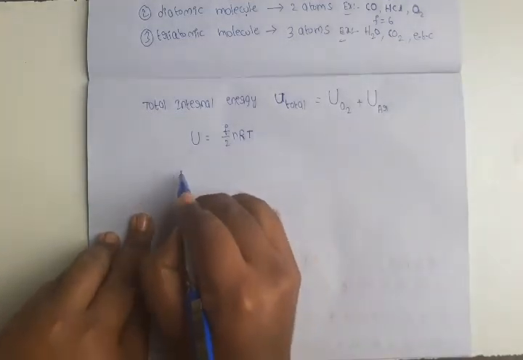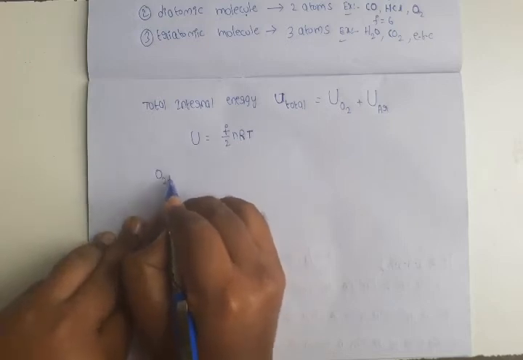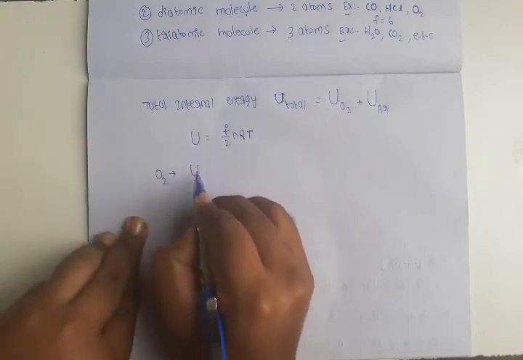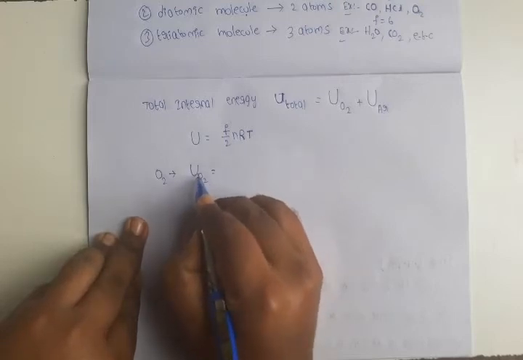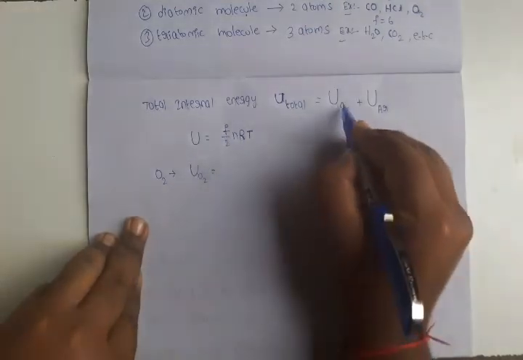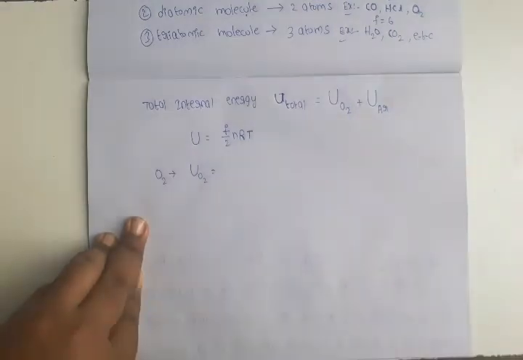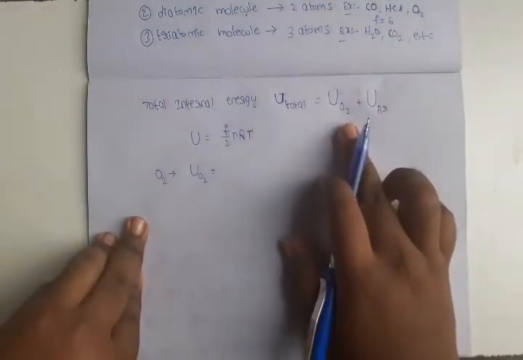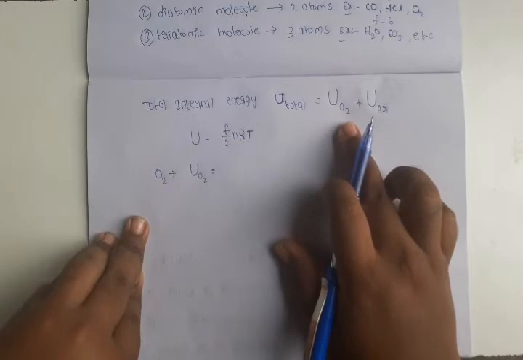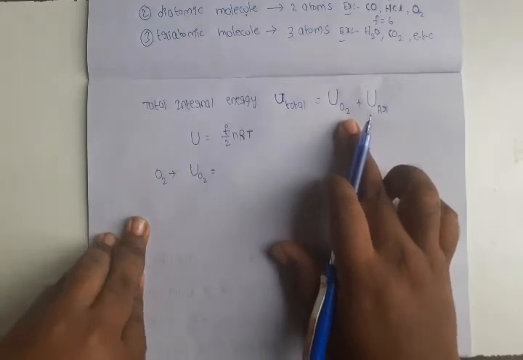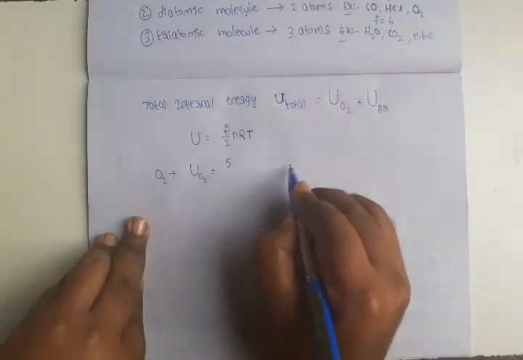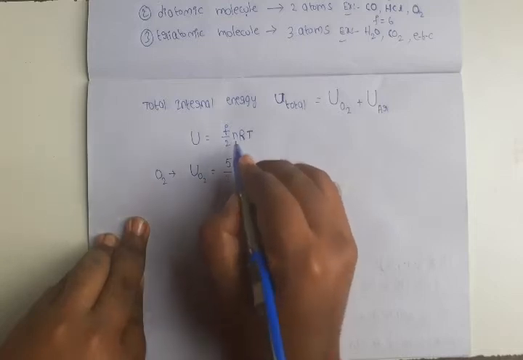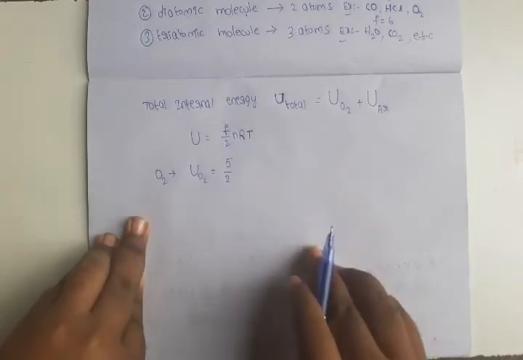So what about the oxygen? Oxygen internal energy U_O2 equals, O2 is a diatomic molecule. For a diatomic molecule, the degrees of freedom value F equals 5, by 2, n the number of moles.